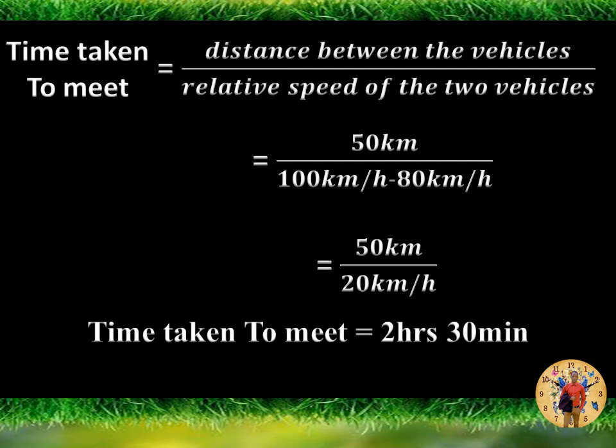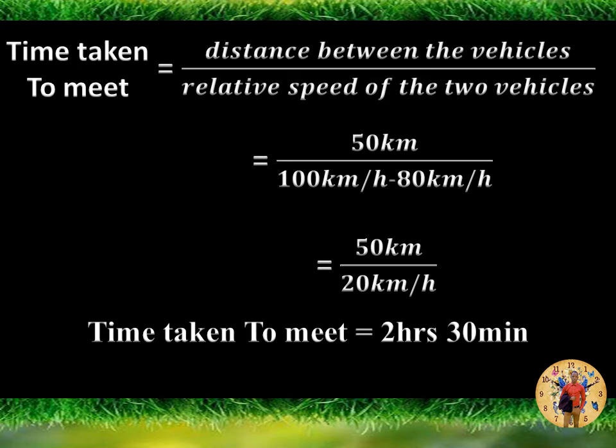Now going down the screen, as you can see, the time taken is given by the distance, which is 50 kilometers between the car and the bus, over the relative speed, which is 100 kilometers per hour minus 80 kilometers per hour, because the two vehicles are moving in the same direction.